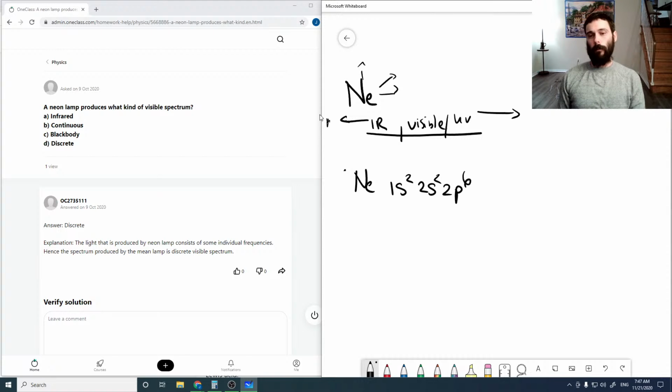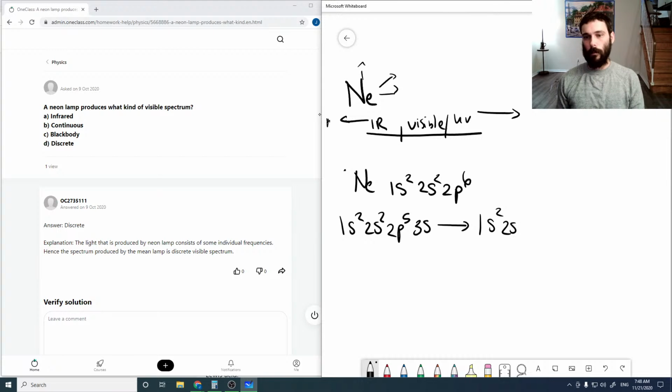And a neon lamp uses electricity to excite this to several excited states, one of which could be this, which then relaxes back to the ground state, releasing light.